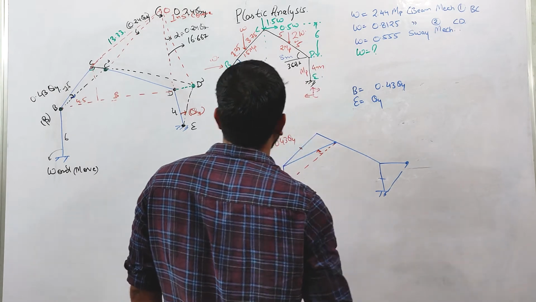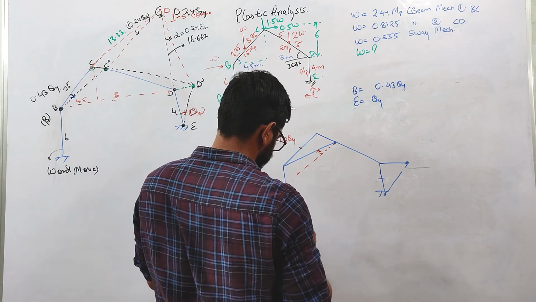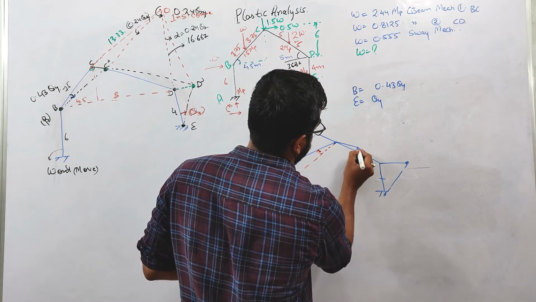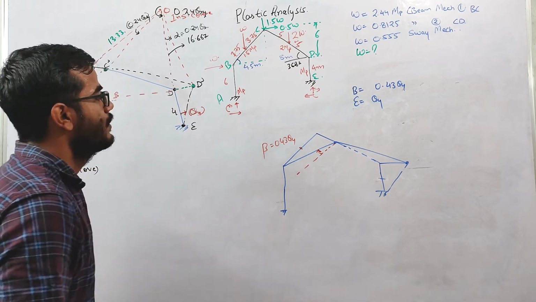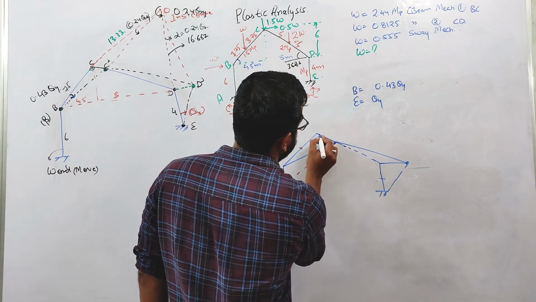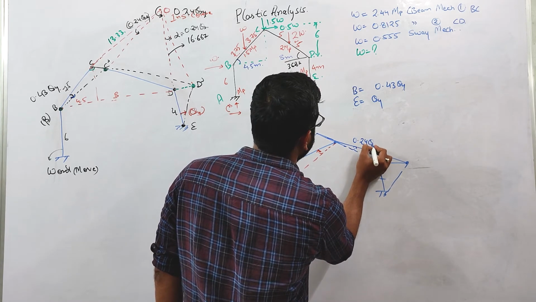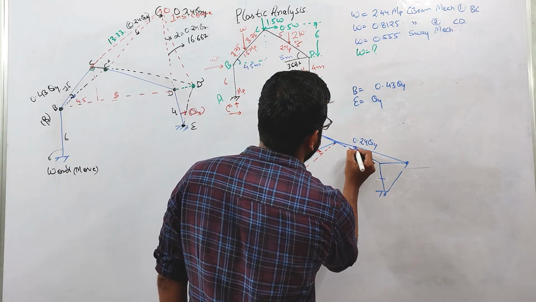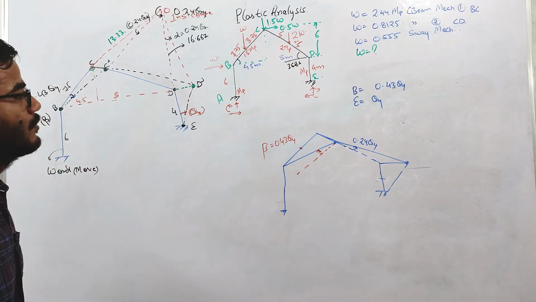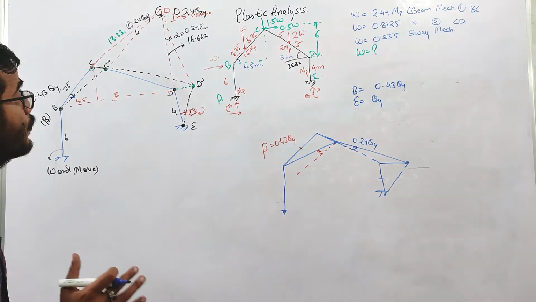Similarly, if you come to this C point, what will be the rotation? This is deflecting like this, right? So you can see that this is deflecting with respect to the original axis by an amount 0.24 theta 4. With respect to the original axis, it will rotate by 0.24 theta 4.